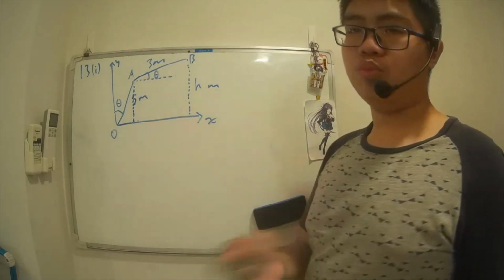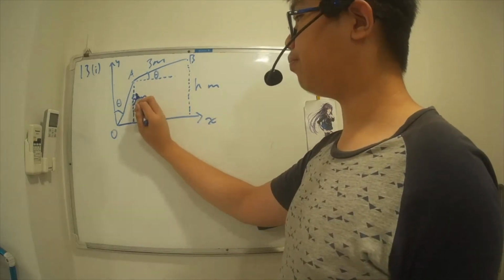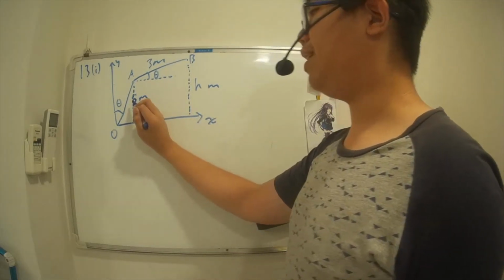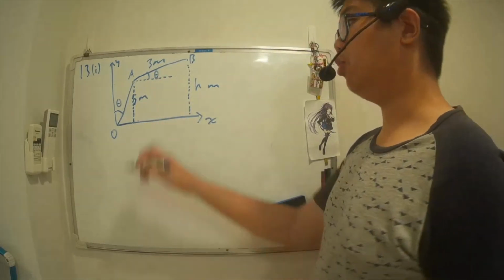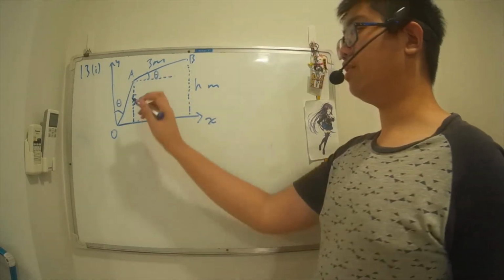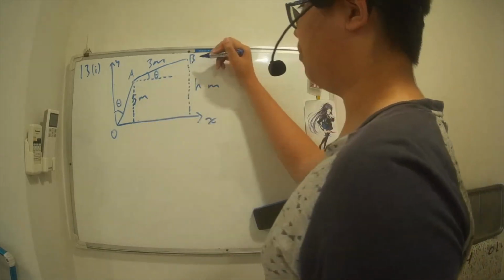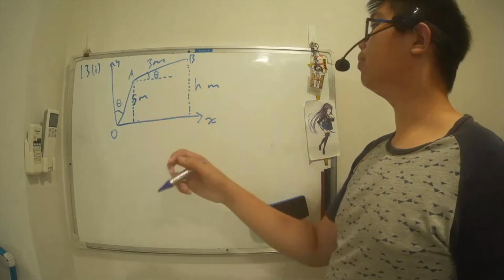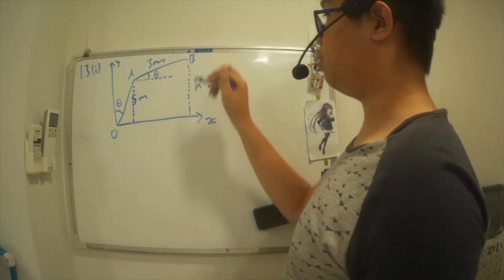So what is this side? Well, we don't know, but this is theta, which means that from this point, we are looking at this as the adjacent, right? So this will be cosine. So it is 5 cosine theta for this, and then we need to consider this one. This is 3 meters, and this is theta. This is the hypotenuse. This here is the opposite.